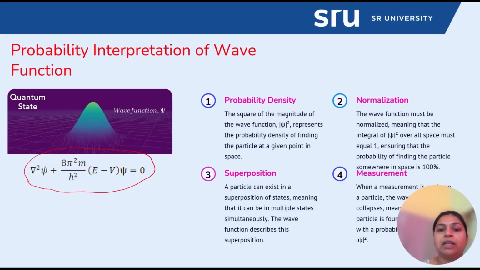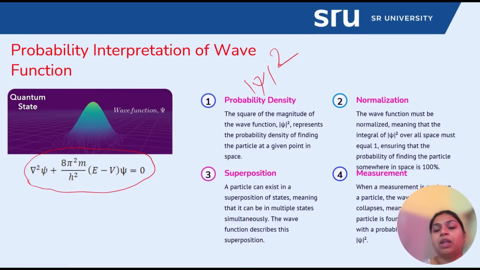Probability density is defined by the square of the magnitude of the wave function, psi square, and represents the probability density of finding the particle at a given point in space.